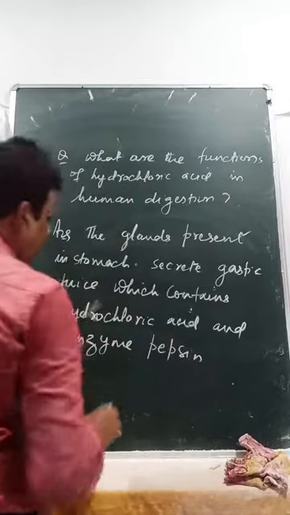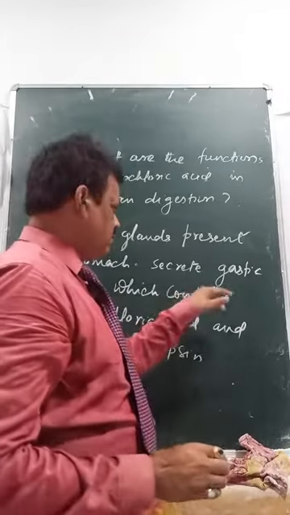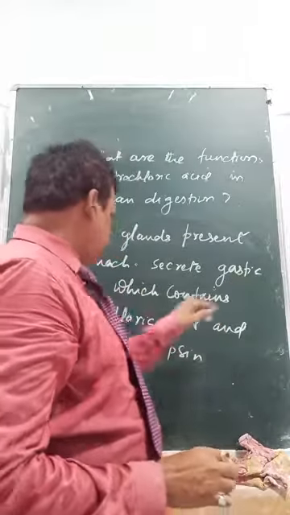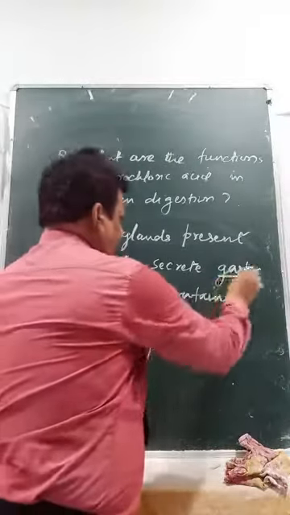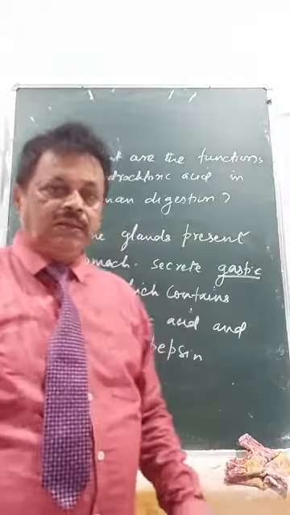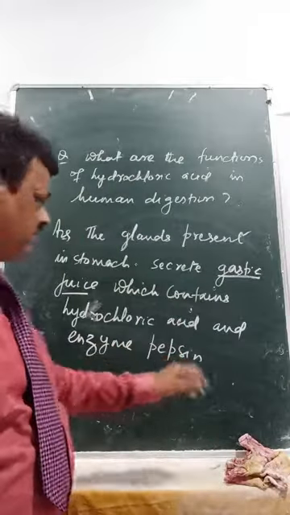These two things are contained. The glands present in the stomach secrete the gastric juice. This is released from our stomach, which contains what? Hydrochloric acid and enzyme pepsin.